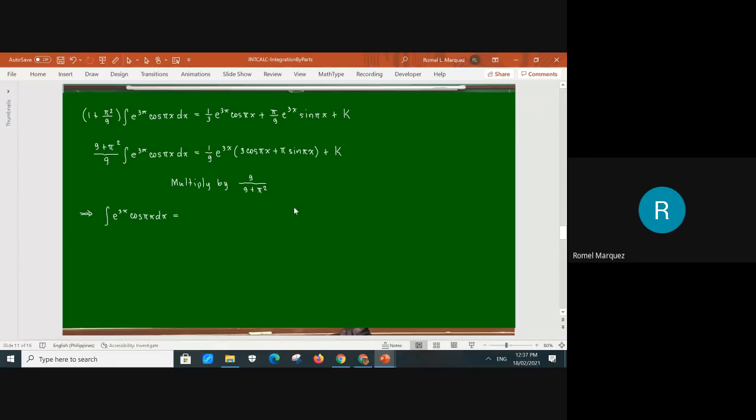This 9 will cancel when multiplied, so what will be left? e to the 3x over 9 plus pi squared, multiplied to 3 cosine pi x plus pi sine of pi x.